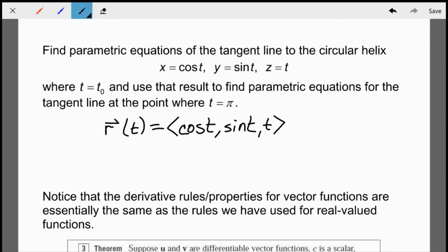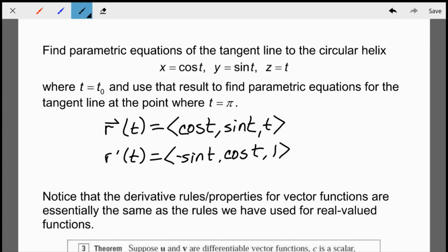And if I want the derivative, because I'm going to need the derivative, I just take the derivative of each component. Derivative of cosine is negative sine. Derivative of sine is cosine. And derivative of t is 1. So that's the derivative. That's going to tell me the slope at any point.